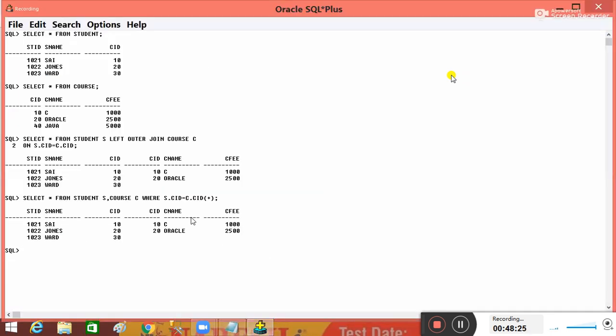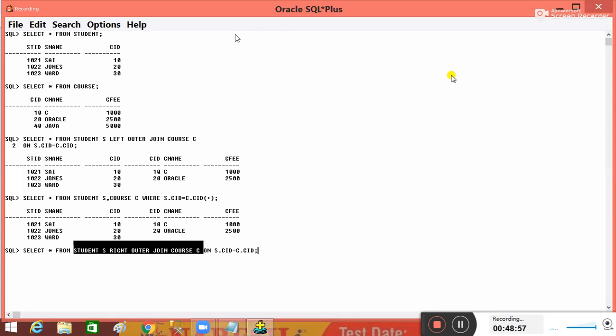ANSI we can write directly because we have keys defined in ANSI, so I can write the key name directly. I'm using right outer join, the table, and on s.cid is equals to c.cid. Now in this right outer join, can you carefully identify this statement? Tell me, which table is on the right side?